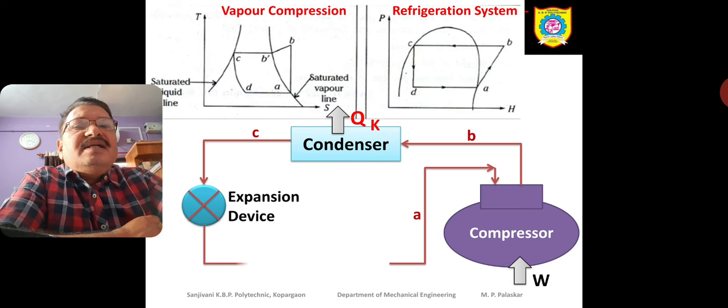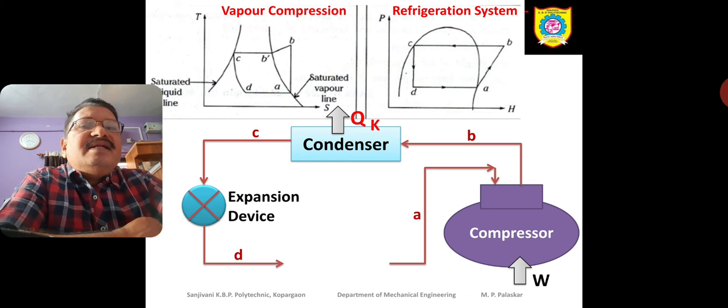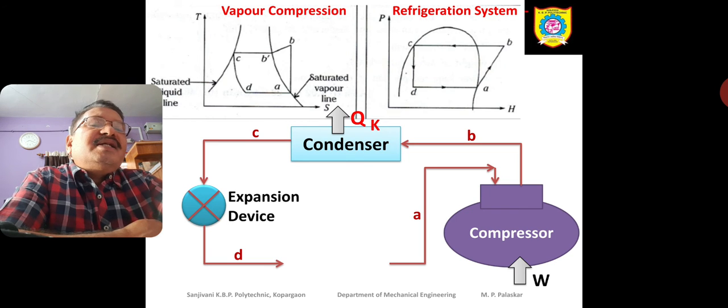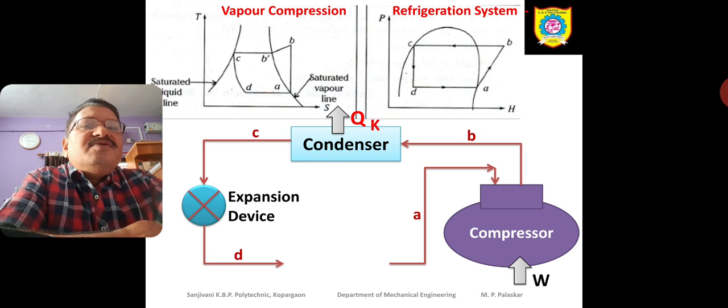You can see the points C and D in the pH diagram, the vertical CD line, and in the TS diagram this CD line is slightly inclined or curved, and you can see CD in the schematic diagram also. So this CD is nothing but the process of expansion.